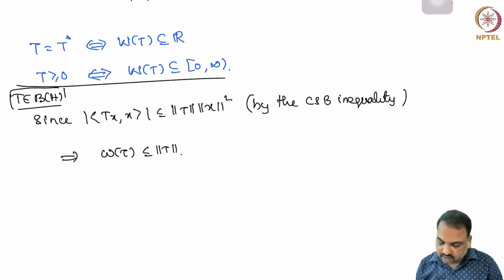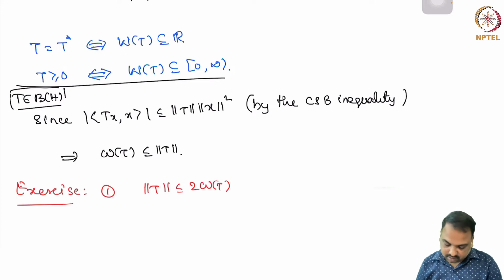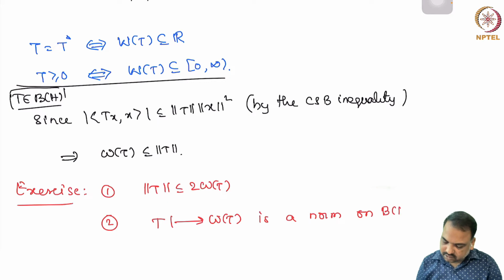In general, that is not true, but we can easily show that norm of T is less than or equal to 2 times omega of T. And the second one is that T going to omega T is a norm on B of H. It satisfies all the axioms of the norm. So let us see why.